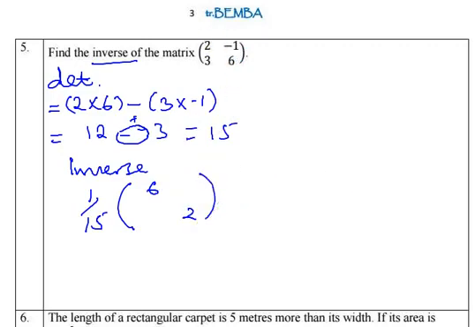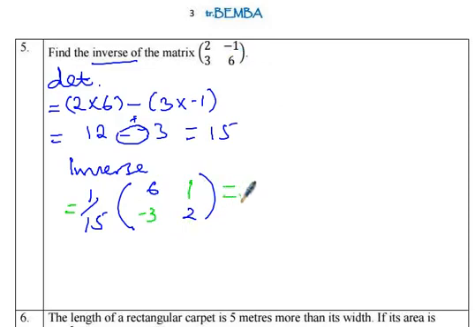Do you see that interchange? Okay, and after doing that, what happens to these two numbers along the minor diagonal? We change their sign. So since I have minus 1, I change it into positive 1, and down here I have a 3, I change it into minus 3. You see that? This is what we call the adjoint of this matrix here.